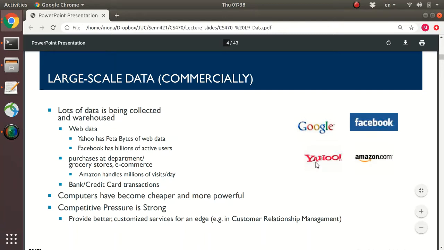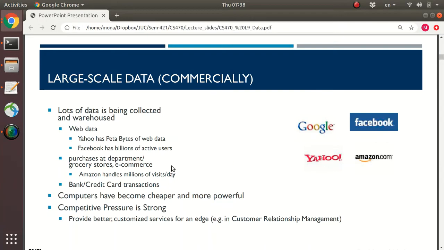Yahoo uses it to promote the websites that it's hosting, and also to improve search. Amazon uses it to improve recommendation, or to improve product recommendation for books or any other gadgets.